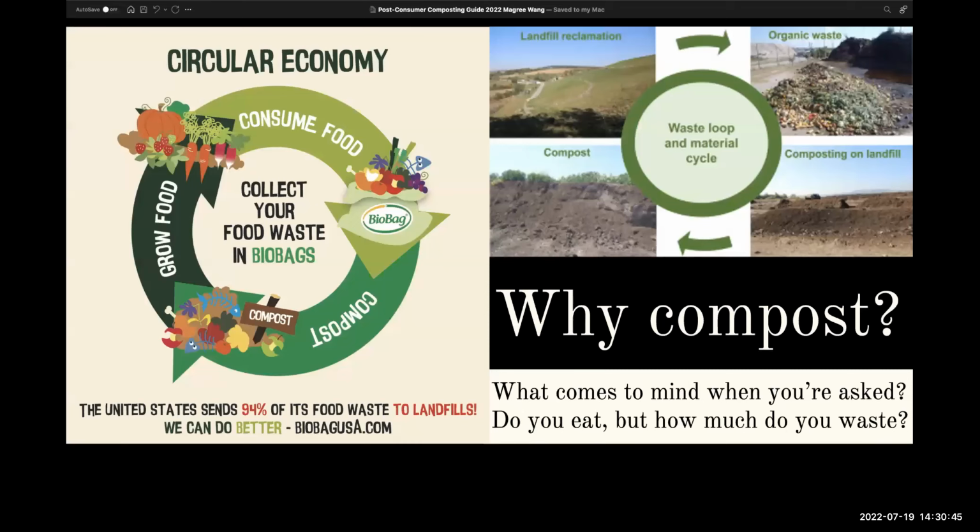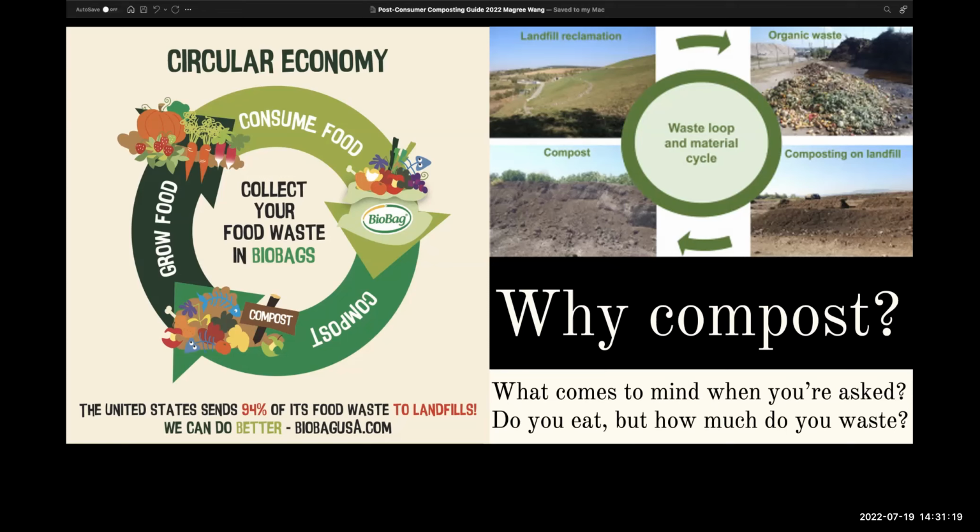So a little bit about why composting, and this term of circular economy, I think many people are familiar with. Basically we are trying to make less waste. Here we can see the data where the United States sends more than 90% of food waste to landfill, where a lot of that can be composted and then used as fertilizer for growing more food or for other purposes.